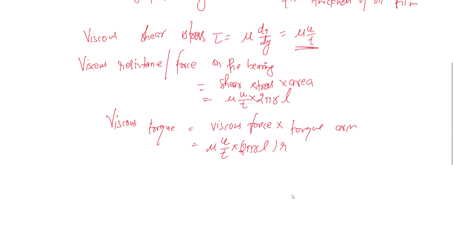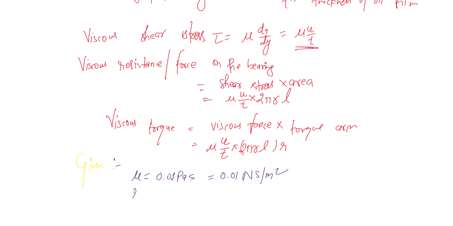So according to the given data, mu is equal to 0.01 pascal second, so it is equal to 0.01 newton second per meter square.